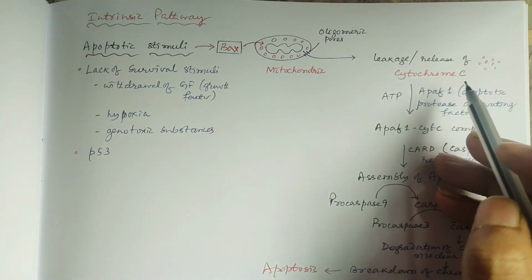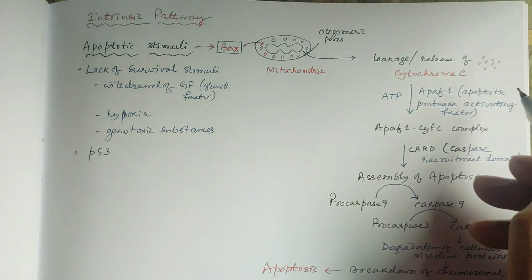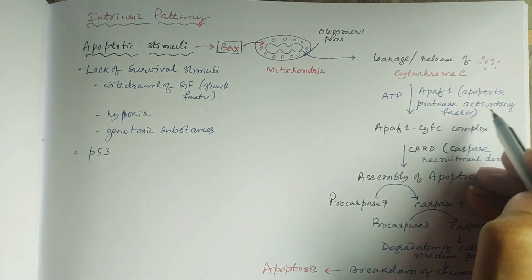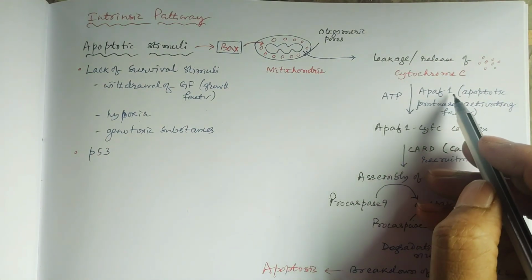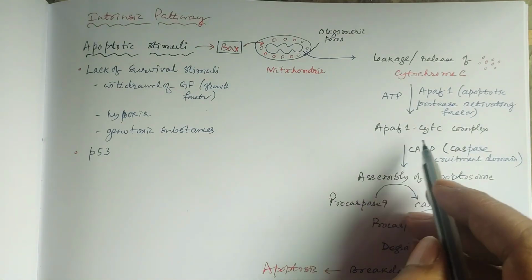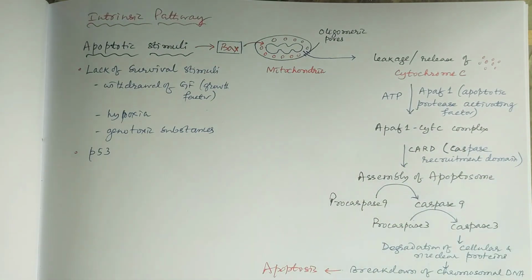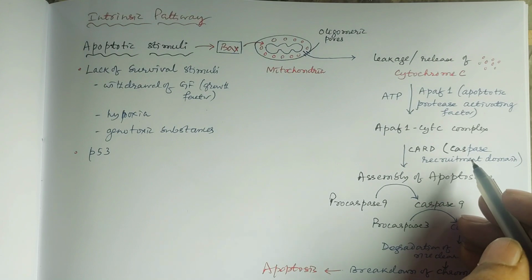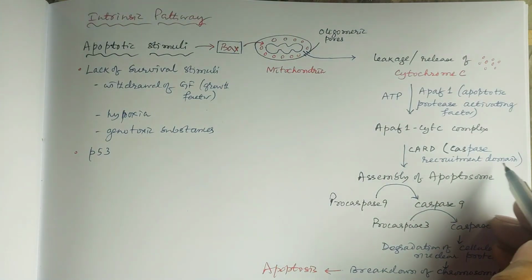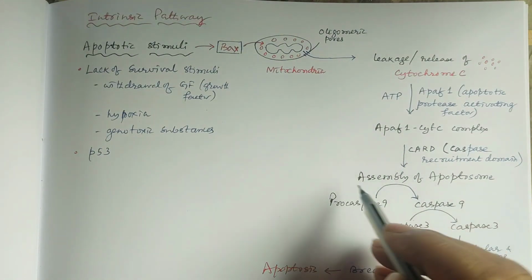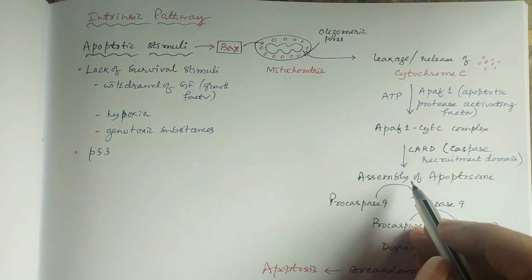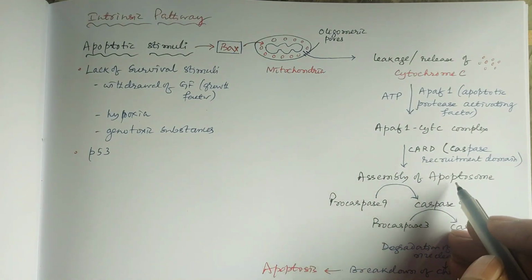This cytochrome C, in presence of ATP and apoptotic protease activating factor APAF1, forms the APAF1 cytochrome C complex, and this complex, in presence of caspase recruitment domain CARD, forms an assembly called the apoptosome.